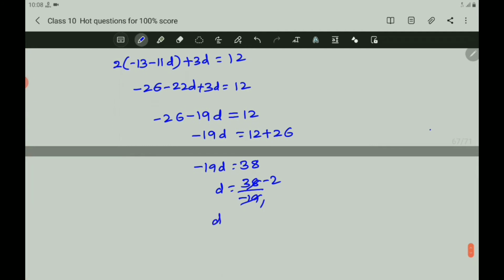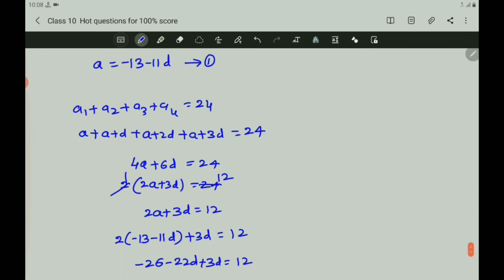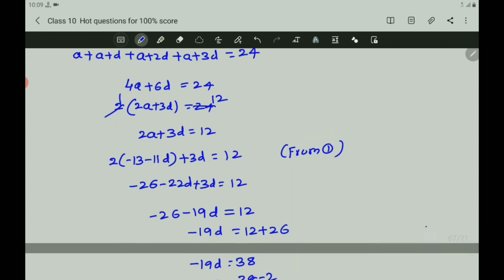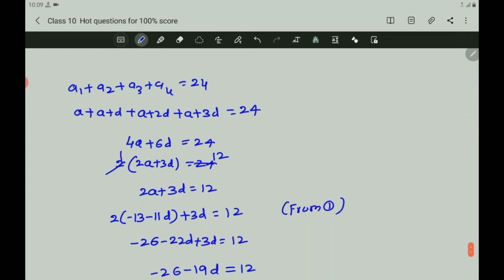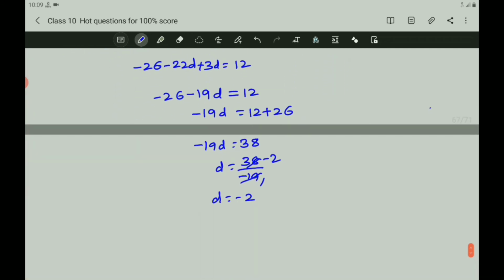So you got d equals minus 2. Now you have the value of d, and here you need the value of a. What is the value of d? You got d equals minus 2.